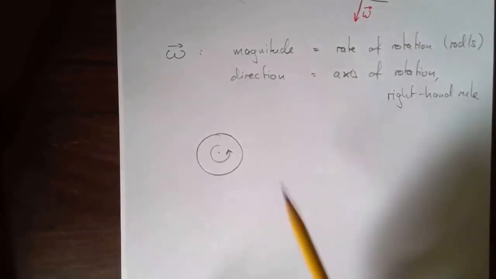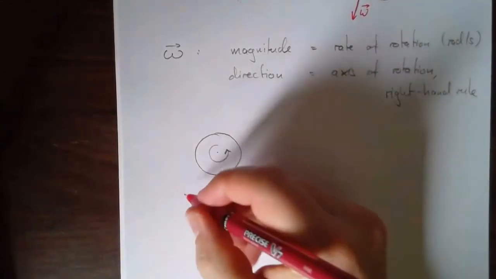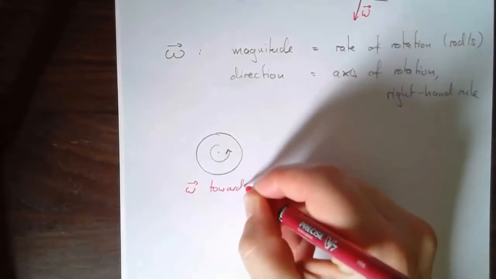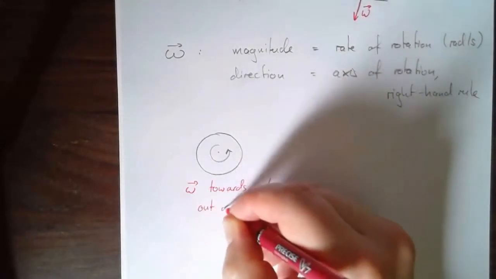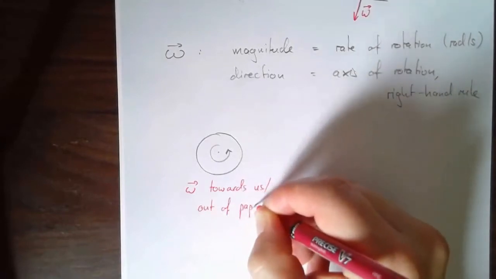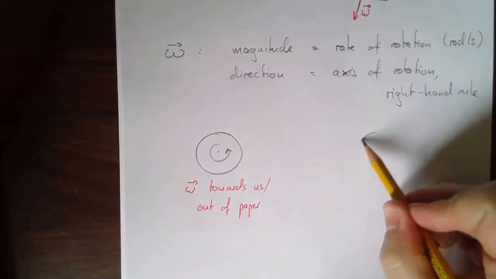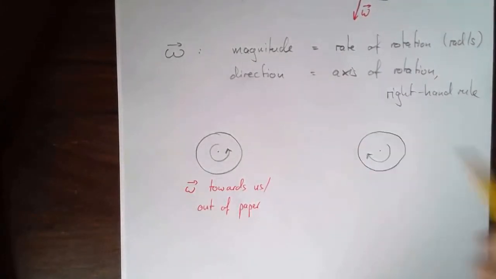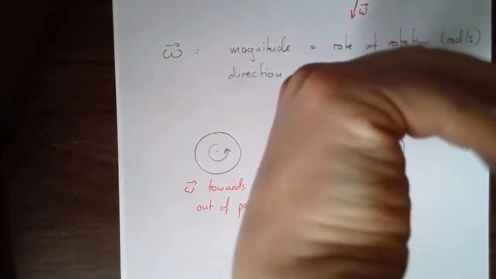So write this down, omega towards us, we might say out of the paper. Whereas if it were spinning in the opposite direction, like this, then to make this happen with my fingers, I'd have to point my thumb down, right?